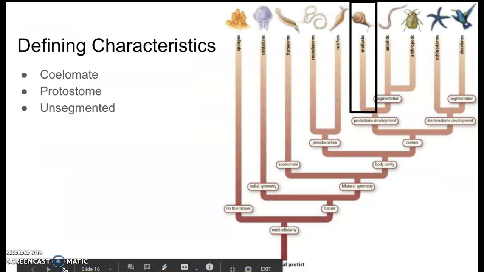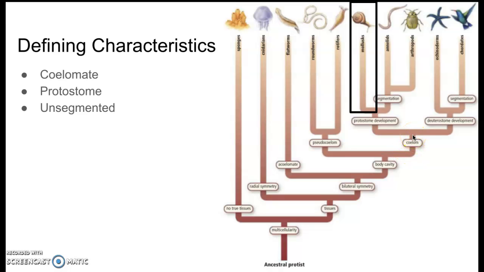So mollusks are coelomates. We have now moved through our cladogram. They all have body cavities, and the rest of the organisms that we're going to study are coelomates. Remember that a coelomate means that the coelom is found in between the intestinal tract or canal and the body wall.